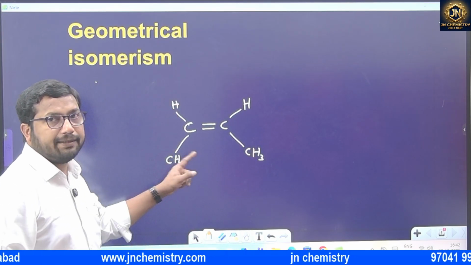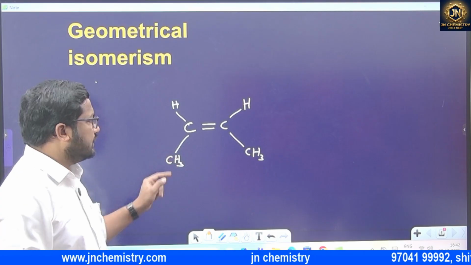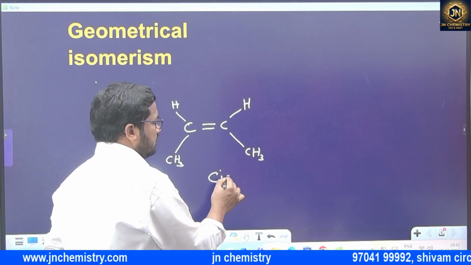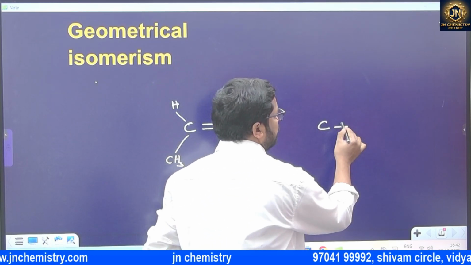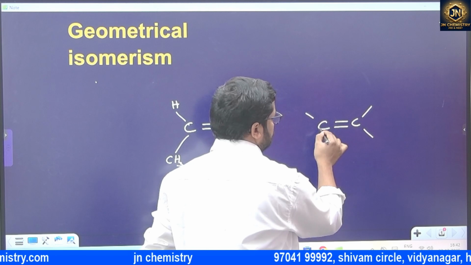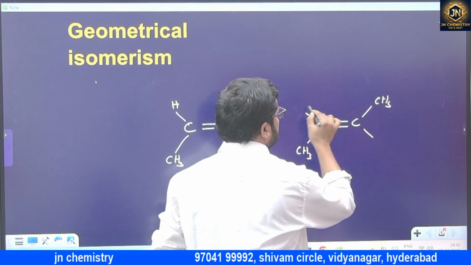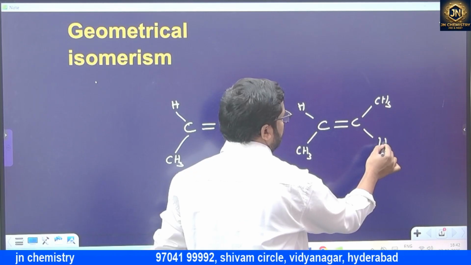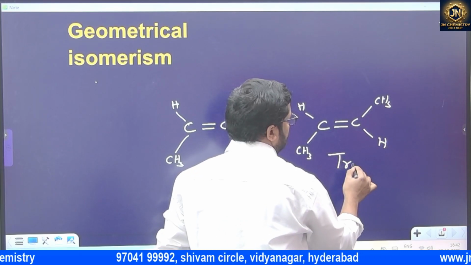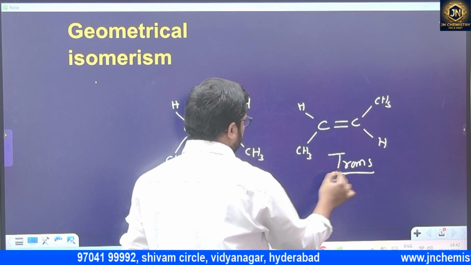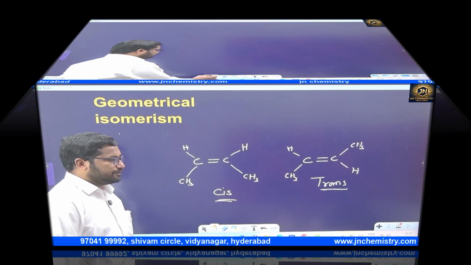If the groups are on the same side, we could say cis. If both are on opposite sides, trans. Cis and trans. Write it down.